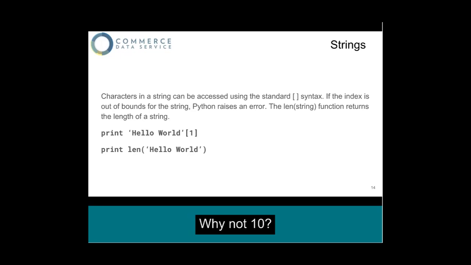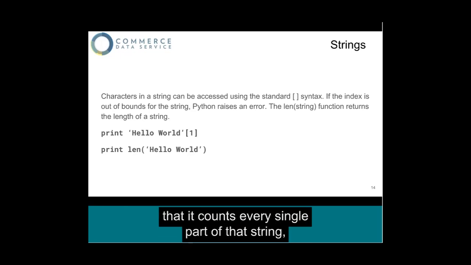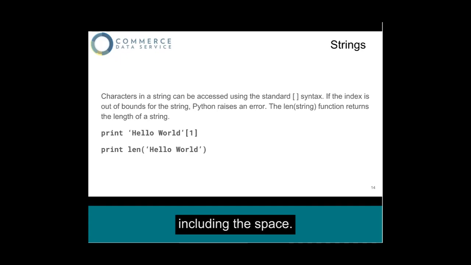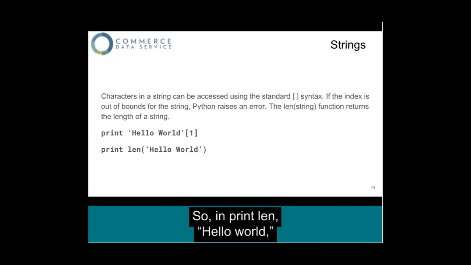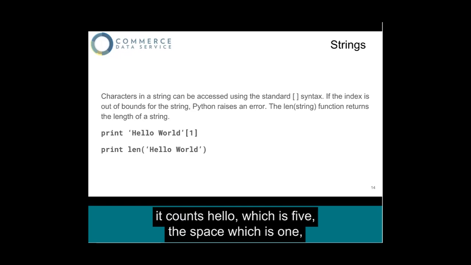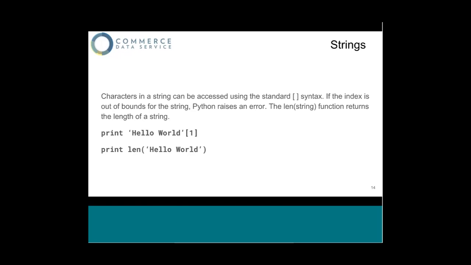Why not 10? Yes, absolutely. It counts every single part of that string, including the space. So it counts hello, which is 5, the space, which is 1, and then world, which is 5 again.